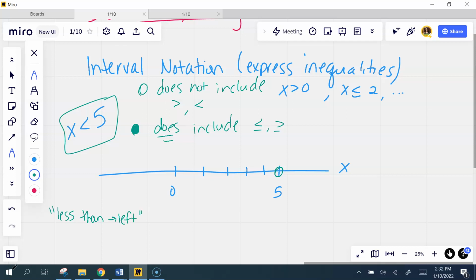And this is assuming when the variable is written first. Okay, so that's a little trick there to remember which way it goes. But if the variable is written first and your inequality like it is here, less than means left, so I'm going to draw my arrow this way.